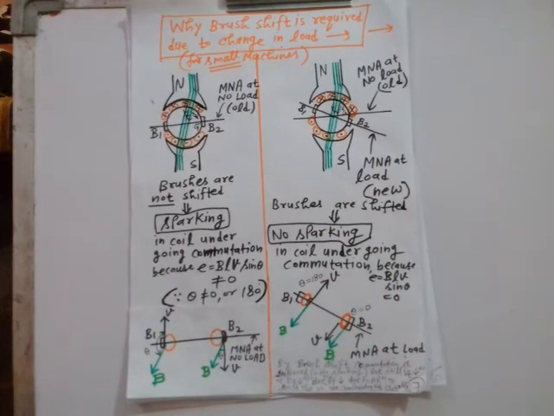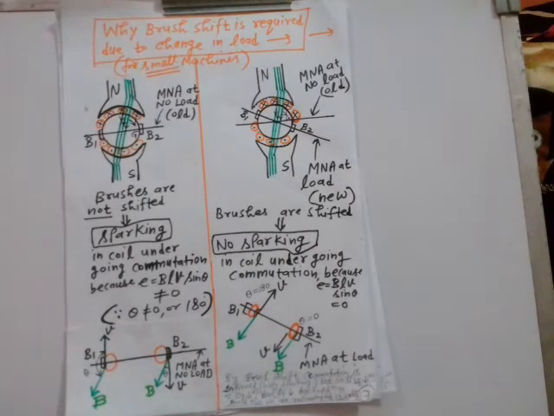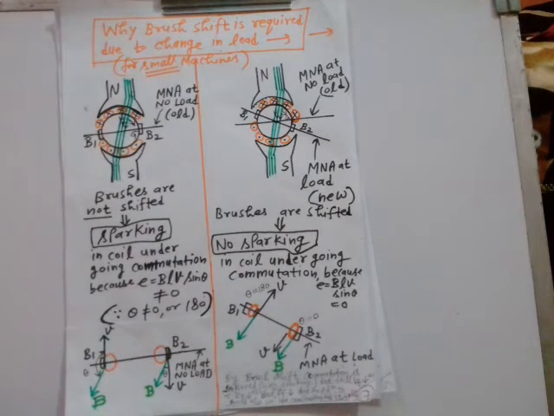For large DC machines, the method of brush shift is not at all advisable. There we use compensating winding and interpoles to neutralize the effect of armature reaction. We use compensating winding and interpoles for large DC machines, right?